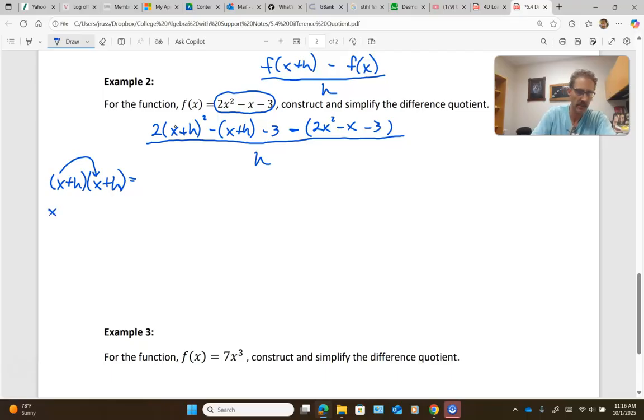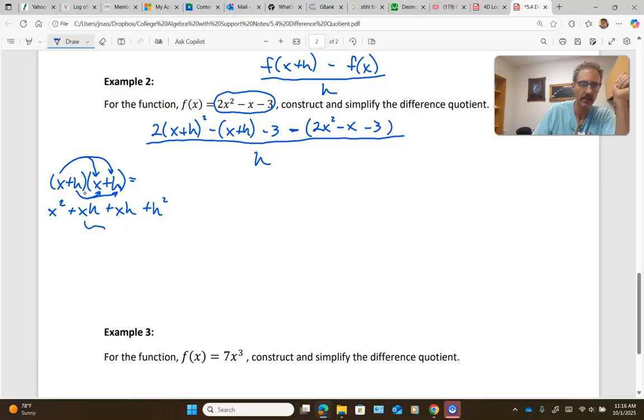So x times x is x squared, x times h is xh, h times x is still xh. The order in which you write those two doesn't matter. I like to keep the order consistent because it helps me see that these are like terms that I can combine in a second. And finally, h times h is h squared.